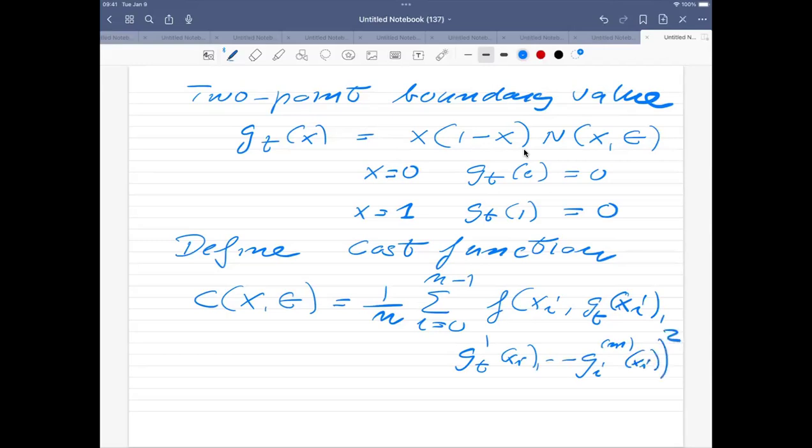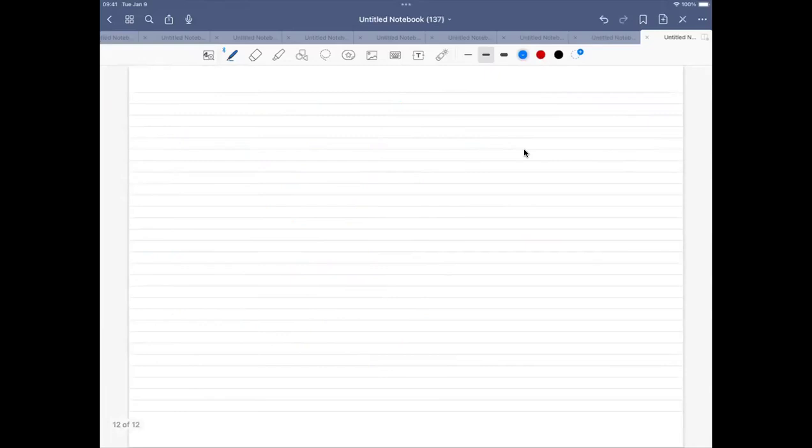And now we square it. So what we are doing here is that we are simply squaring the difference between the right-hand side and the left-hand side. So what this means is that if we now add the parameters theta, we are going to find the optimal parameters theta.